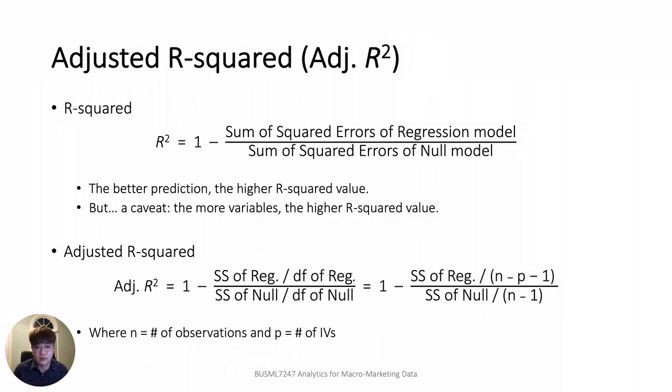In the null model, we don't have any independent variables, and we just have a constant which captures the average of dependent variables. Generally, computing the average uses information as much as one observation. So, in the null model, computing the sum of squared errors uses the remaining information as much as n minus 1 observations.